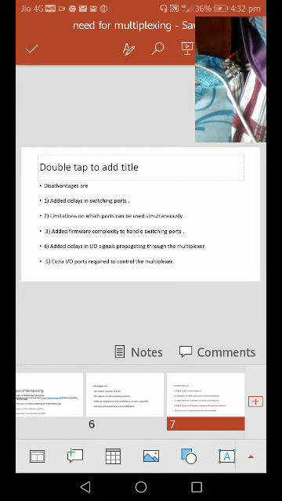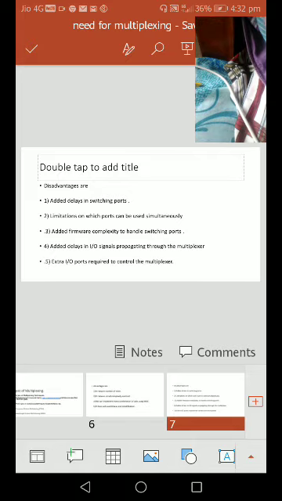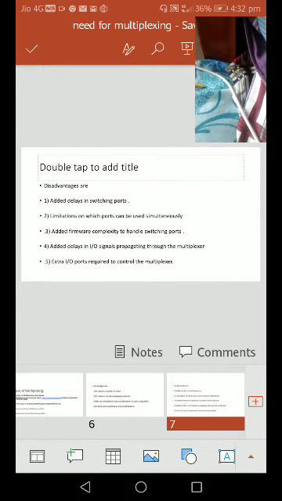PSTN, the public switched telephone network, which switches the signals to transmit them, and any delays are added in the switching ports. And then LAN, local area network, and WAN, wide area network, add delays in the switching ports.